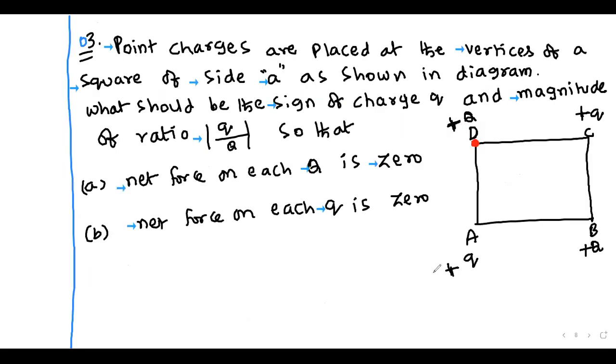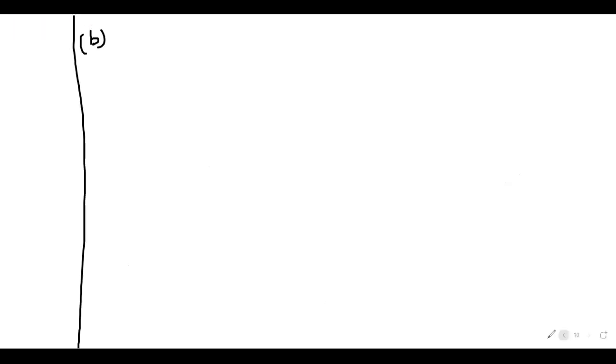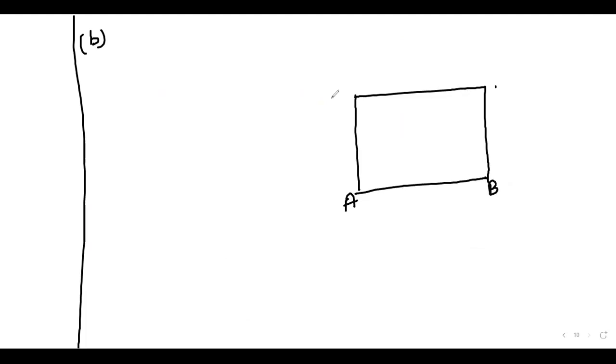See, force on each small q, we can consider it at point C. Again, draw the square A, B, C, and then D. Here plus q, here it is also plus q, capital Q and capital Q. This side it is A, of course.